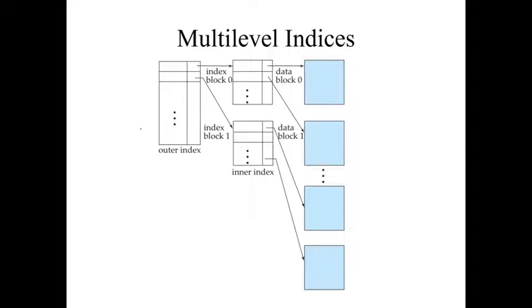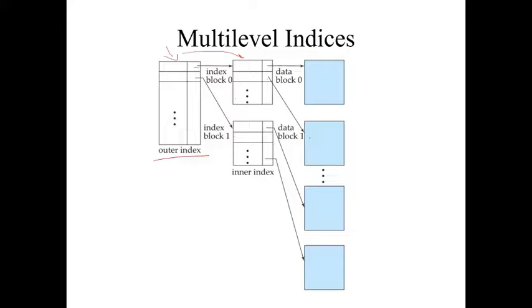We have to create another level of indexing. We call it outer indexing, and your original indexing is divided into blocks. In this outer indexing we keep the addresses of these inner indexing blocks. So whenever we try to search any record, we have to go here first, then here, then collect the physical address, and from there go to the actual record.